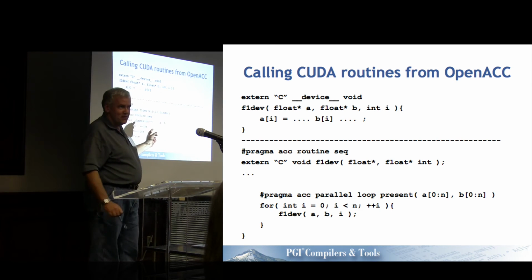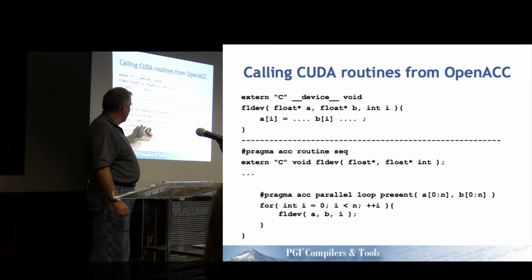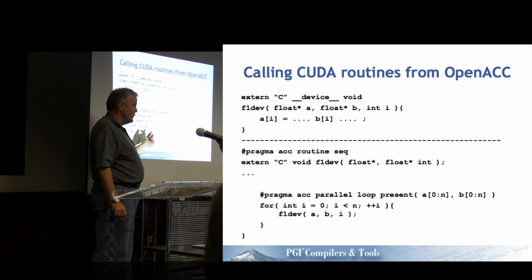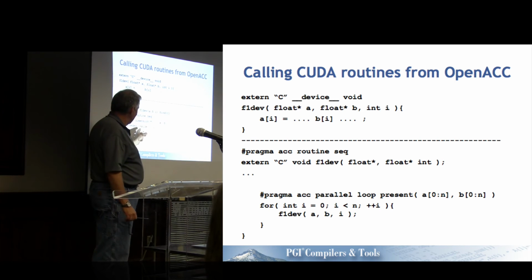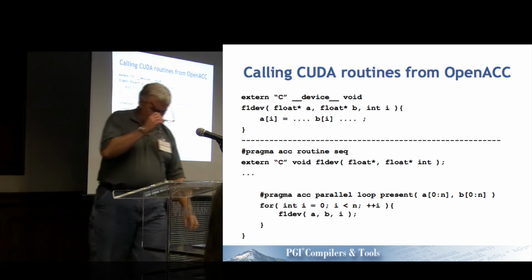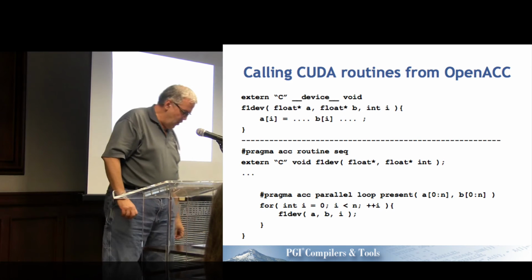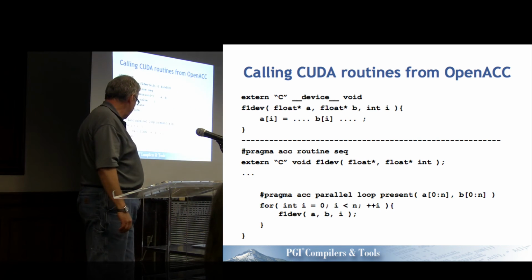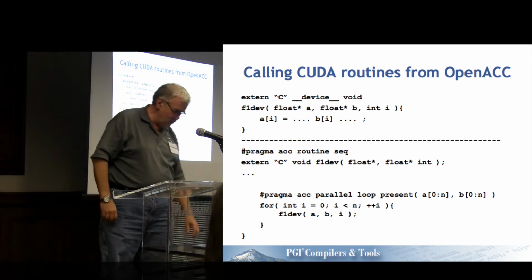Fortran passes by reference, even scalars. The value attribute is relatively new in Fortran. New means 10 years old, but it's relatively new. It says pass by value. Arrays get passed by reference as normal. And then it can be called inside a Fortran OpenACC loop as normal.